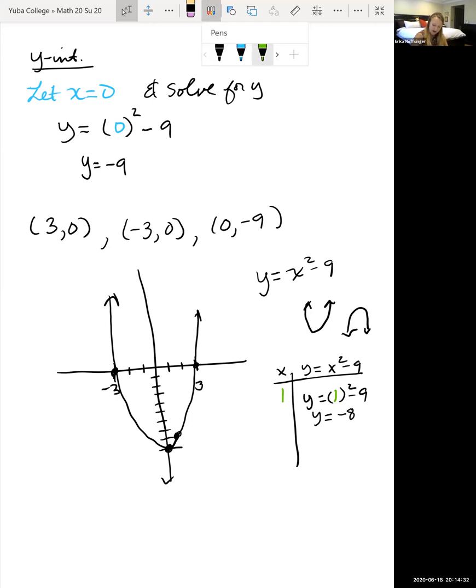If I took my y-axis and treated this as a piece of paper and folded the paper along this y-axis, this side of the graph on one side of the paper is going to line up with the other side of the graph. And so this is symmetrical across the y-axis.